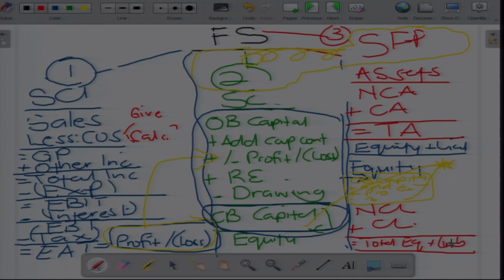But for you to know if this statement is balancing, you will then have to make sure that this amount here, let's call this A, is equal to this amount here, which we will call B. Then it means that your statement is balancing.